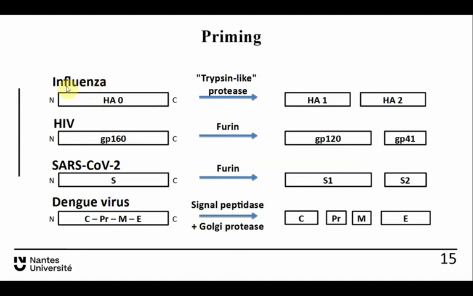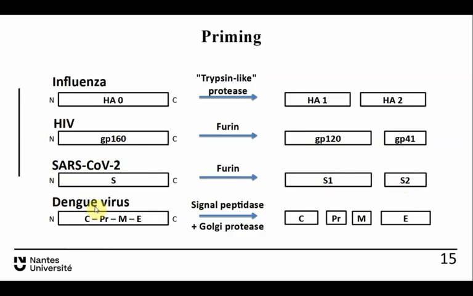So for influenza, it's HA, hemagglutinin 0, which has got to be cleaved into HA1 and HA2. For HIV, GP160 has got to be cleaved into GP120 and GP41. For SARS-CoV-2 and all the coronaviruses, the spike glycoprotein is coded on one gene, it gives you one protein, but it's got to be cleaved into the S1 and the S2 domains.